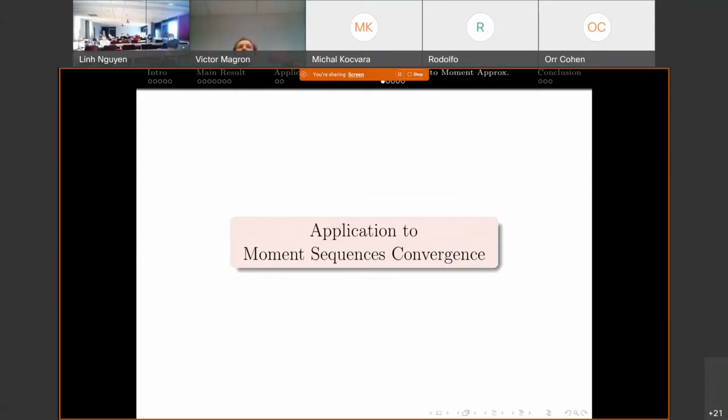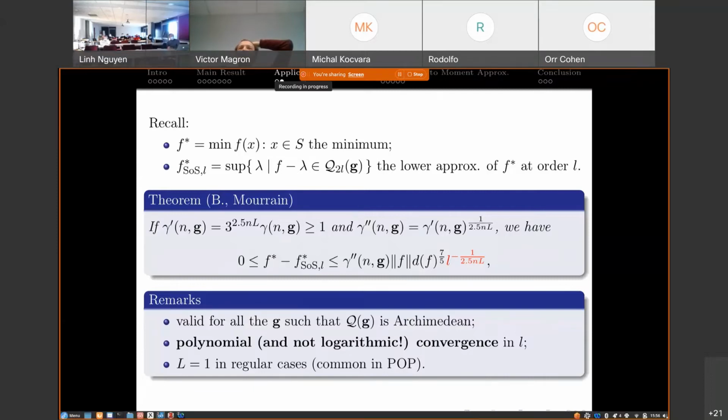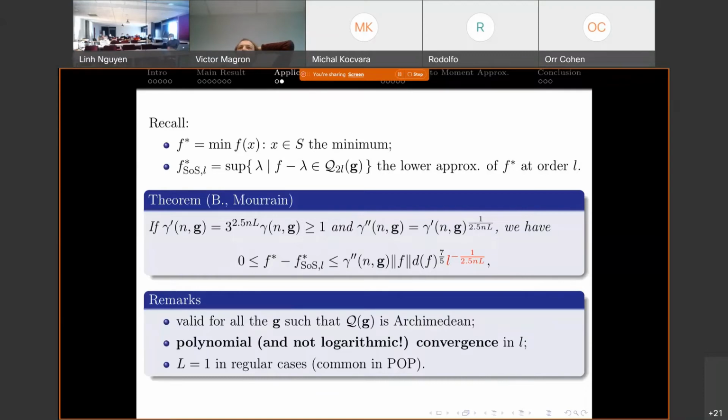Wait, Lorenzo, can I ask again a question on this dependency in the number of variables and degree? So, okay, it's polynomial convergence in L, but what about the dependency in n? Oh, in n, it's not so good. Again, you are anticipating what we would like to do in the future. We would like to remove n from the exponent.